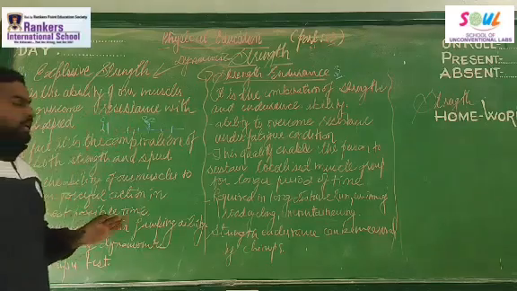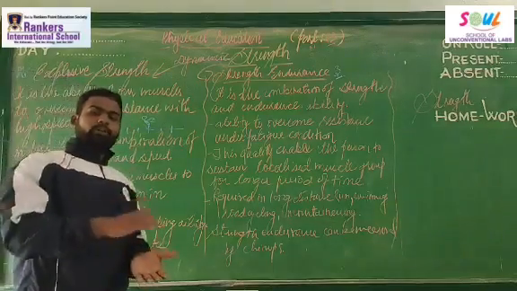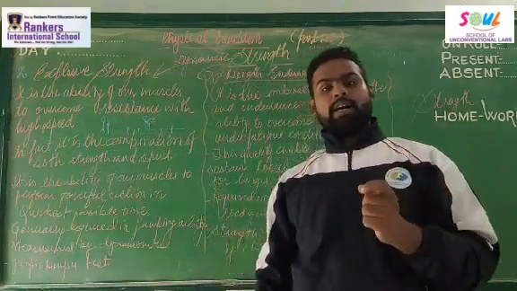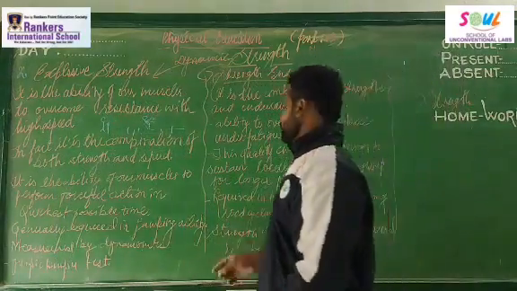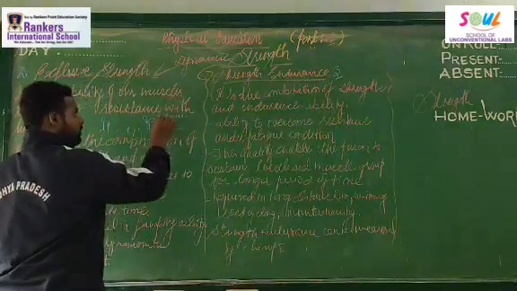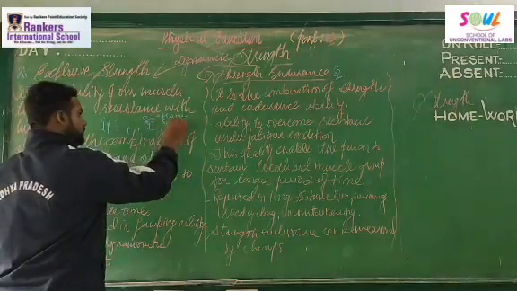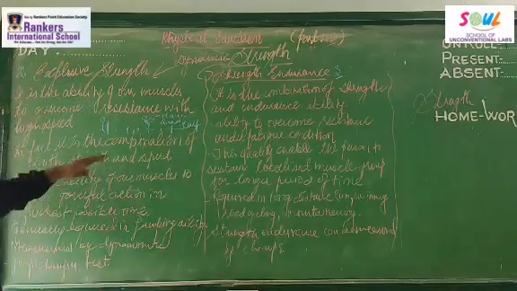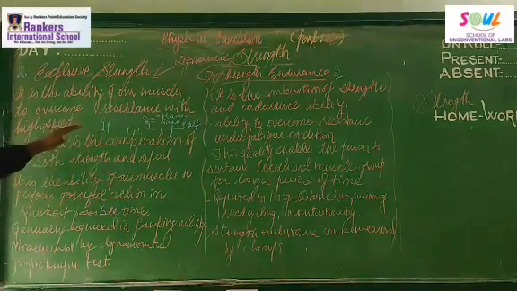There are 3 muscles working here: the hamstring, above the thigh, the quadriceps, and the calf muscles. These 3 muscles work in the standing broad jump.